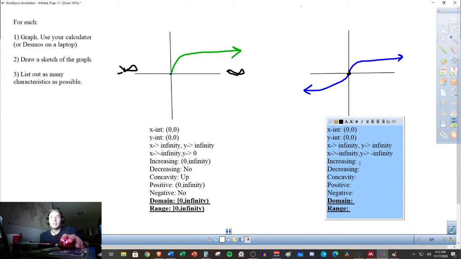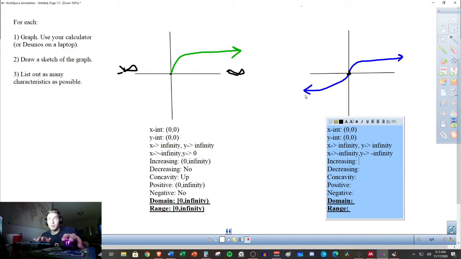All right, intervals of increase. Last time, on the green graph, it was always increasing from 0 to infinity. We see that happening again here. But remember, we think about increasing from left to right. Starting all the way over here at negative infinity, moving to the right, is this ever decreasing?